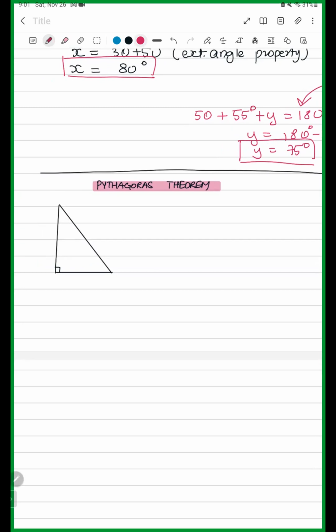Let's say that the length of this side is A, and this side is B, and from here till here is C. Pythagoras theorem states that the length of the hypotenuse is C, so the square of that, C square, will be equal to A squared plus, Hiba? B square. Remember this?